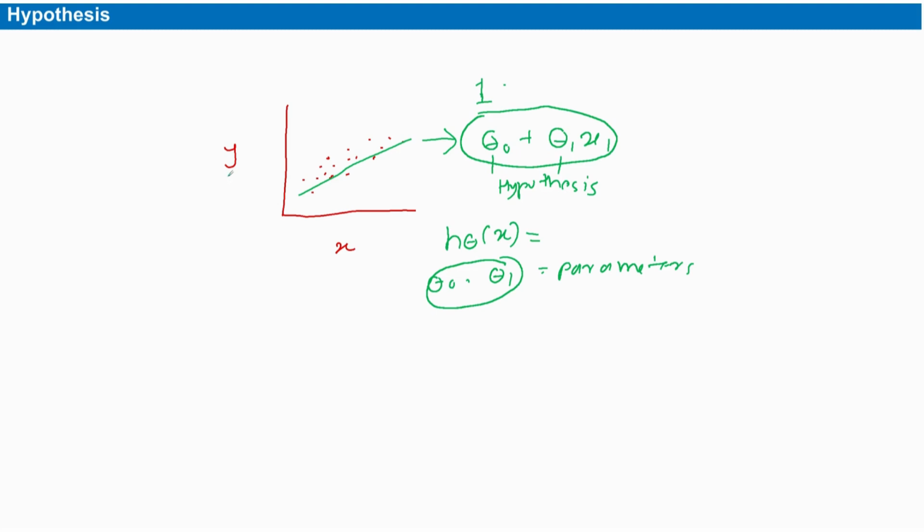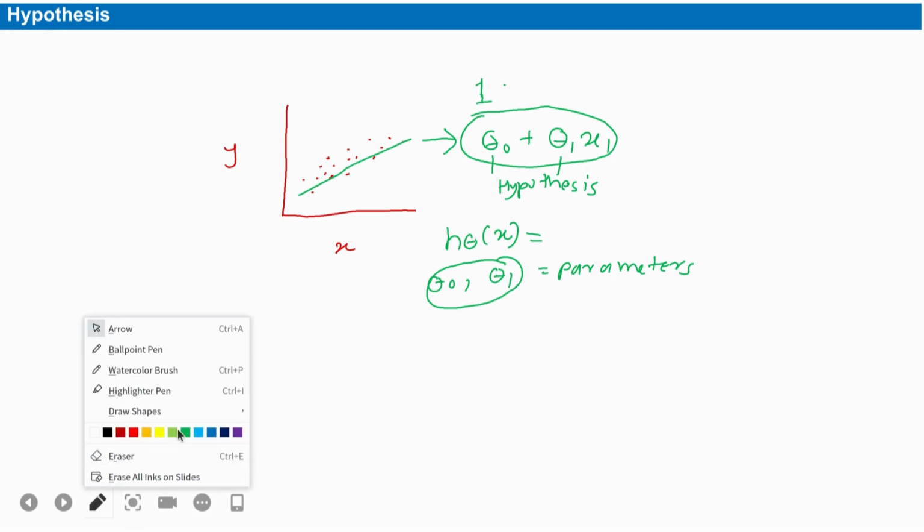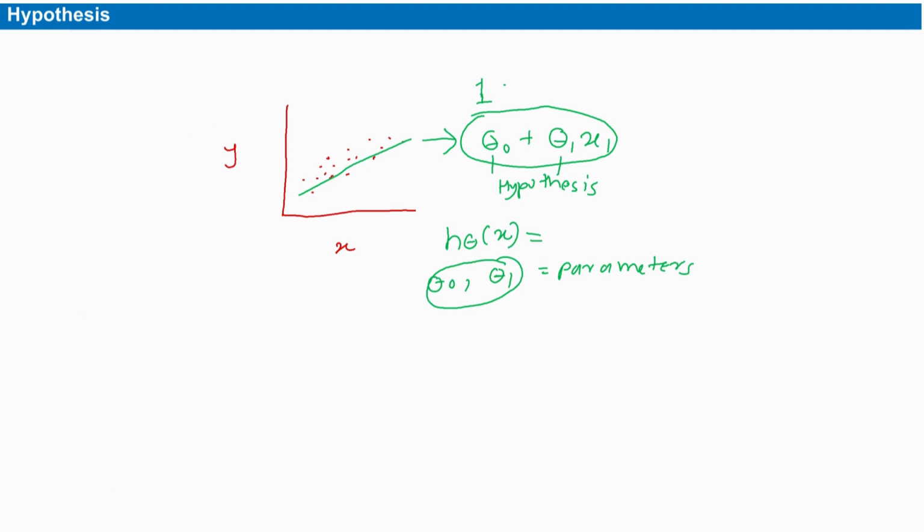If we change the parameter values, the line we get will be different. For example, say you have the 2D representation of your data, where x is the value of the feature and y is the label. Suppose theta 0 is equal to 0 and theta 1 is equal to 1.5, so my equation is theta 0 plus theta 1 x1.